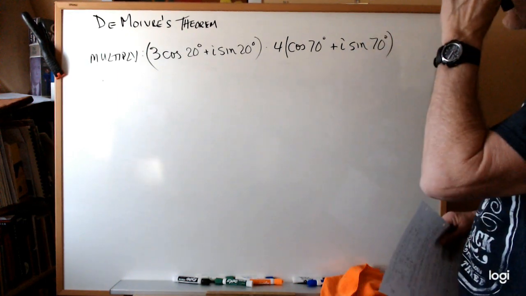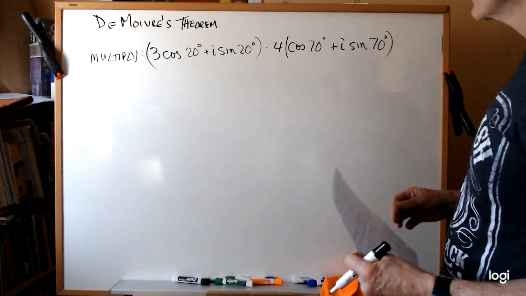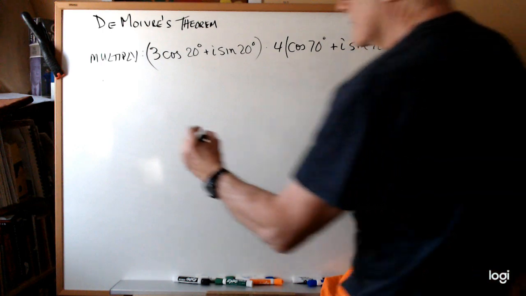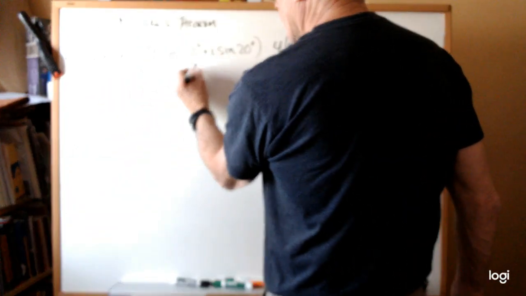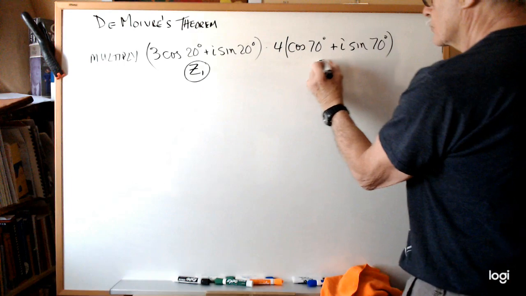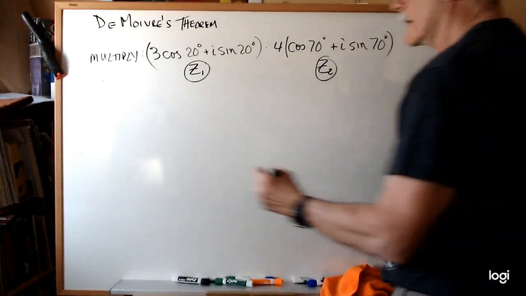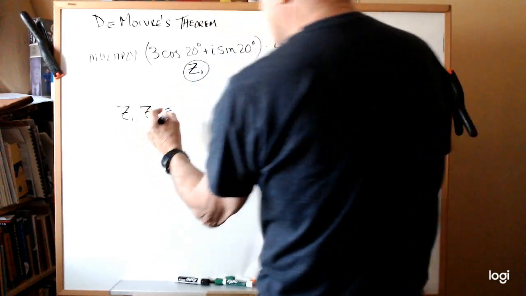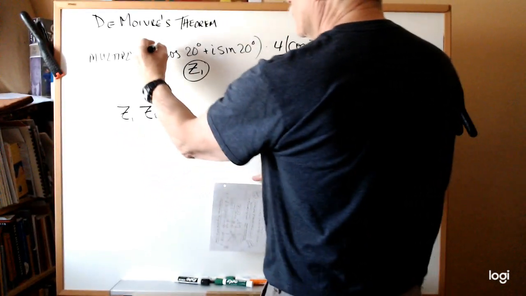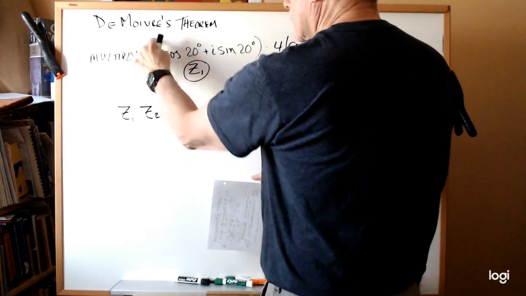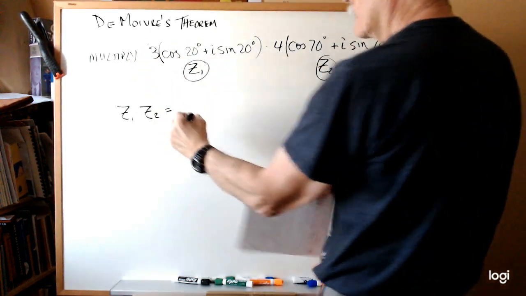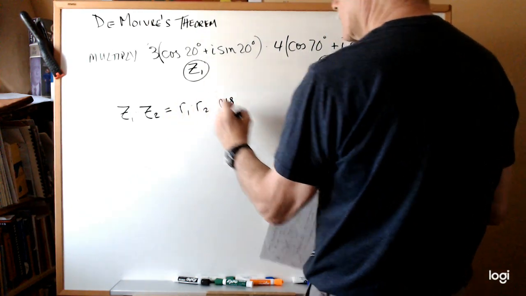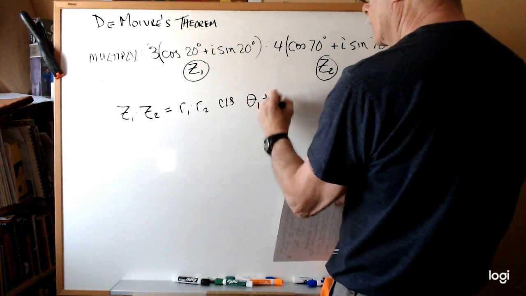Now in this case, we're going to be using the multiplication version of DeMoivre's theorem. This would be our Z1, this would be our Z2, and the rule is Z1 times Z2 is, oops, parenthesis goes here, sorry, R1 times R2, cis of theta 1 plus theta 2.